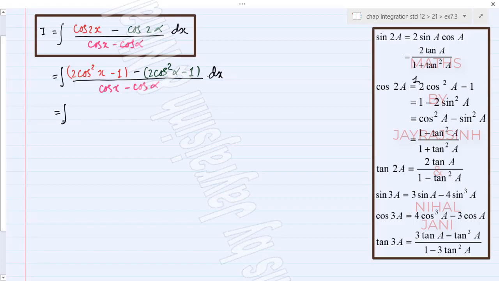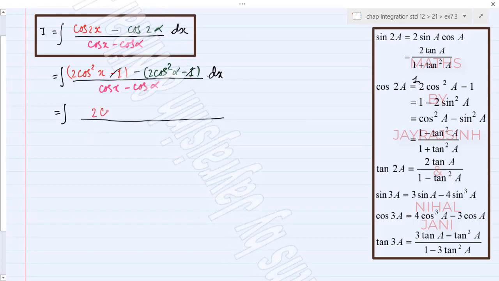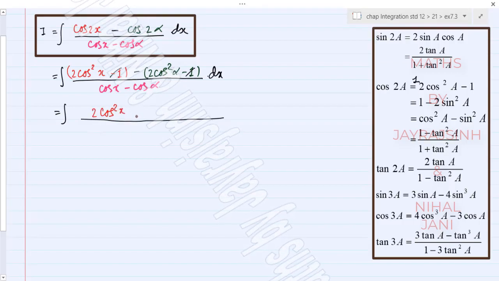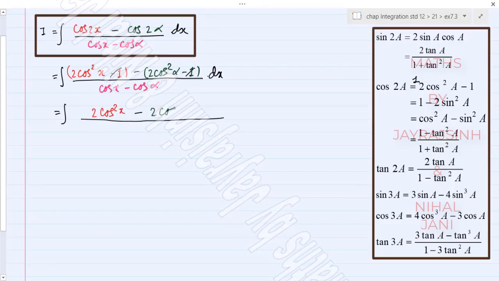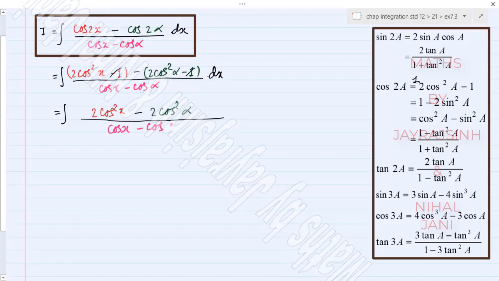Now let's simplify our numerator. This 1 will cancel out. We will get 2 cos square x minus 2 cos square alpha upon cos x minus cos alpha.